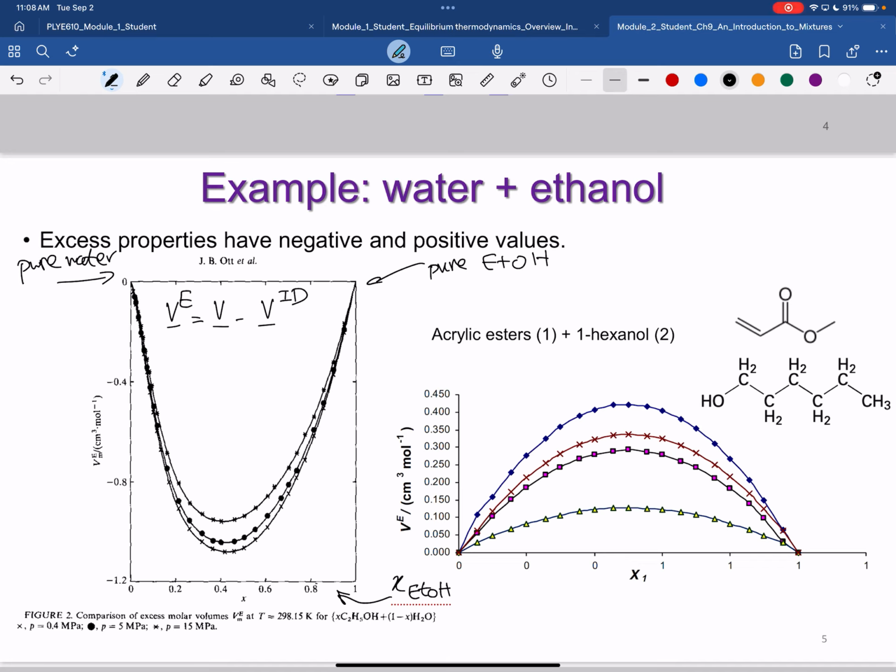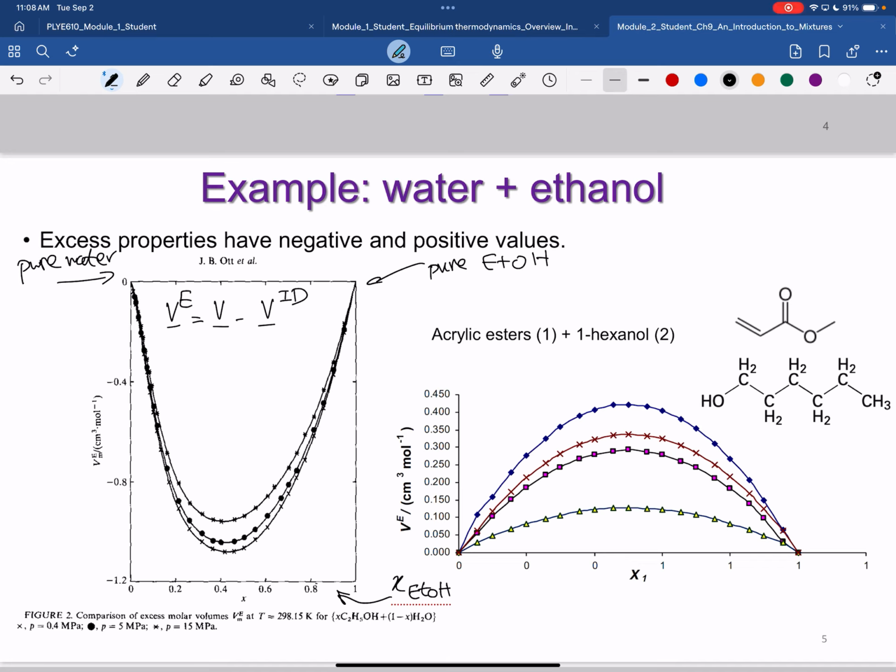Okay, not always is it negative. Sometimes it can be positive too. So if you have 1-hexanol and acrylic esters mixed together, I'm not sure about the temperature for that graph, but at a constant temperature and different pressures, the excess volume for the mixture is always positive.